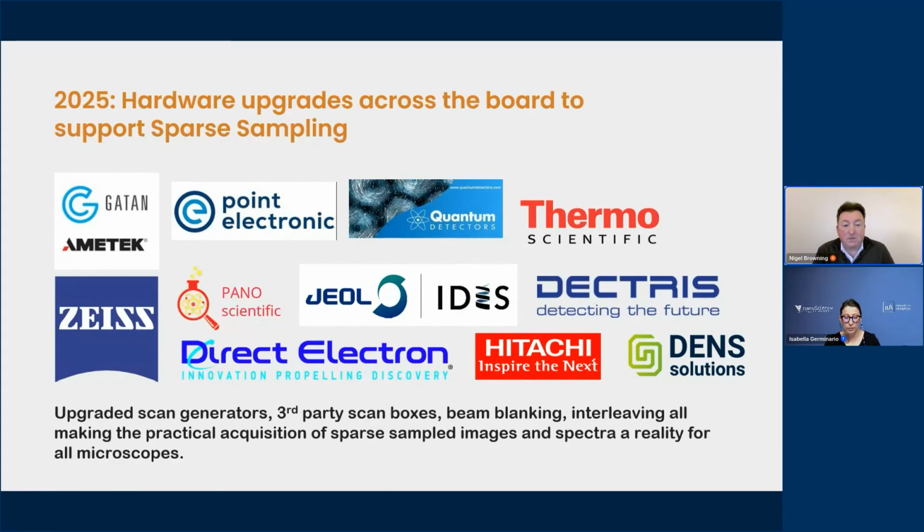So now, whether it's upgraded scan generators, all of the major manufacturers of STEM and SEM are upgrading their scan systems. Those scan systems now allow you to get some form of sparse sampling, whether it's a line hop or a random subsampling or using a beam blanking method, because you can also get random subsampling by doing a regular scan, but blanking the beam at random pixels to get rid of the intensity that goes into it.